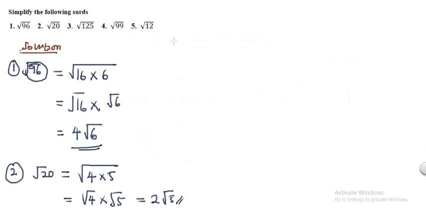Let me clean up space. So for the next example, I ask you to simplify root 125. You can pause the video and try to solve this one yourself. So like we did before, we try to look for a perfect square inside 125. The perfect square that can go into this is 25. So if we break 125 down, we can have 25 times 5.